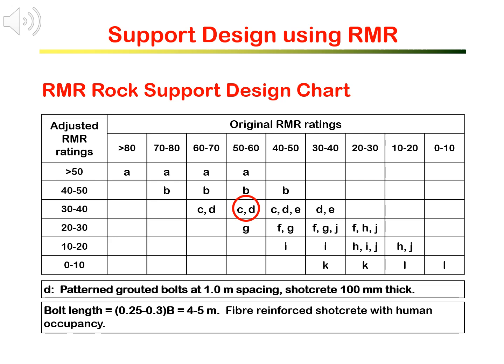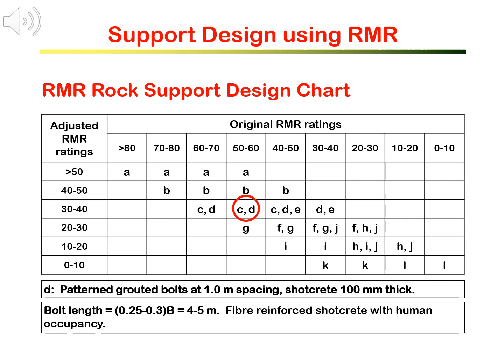Therefore, we will use roof support with support type D, which is patterned and fully grouted bolts at 1 meter spacing and with a shotcrete of 100 millimeter thick.